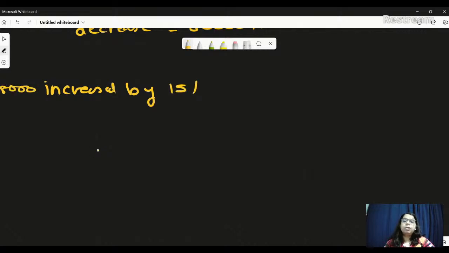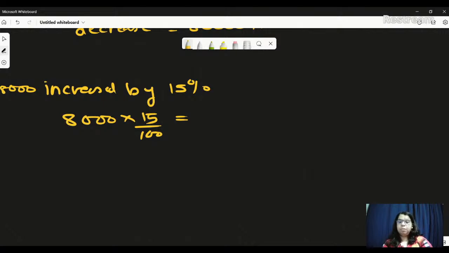Let's say we have 8,000 increased by 15%. So first we will calculate 15% of 8,000. So it is going to be 8,000 multiplied by 15 divided by 100, which is equal to 1,200.